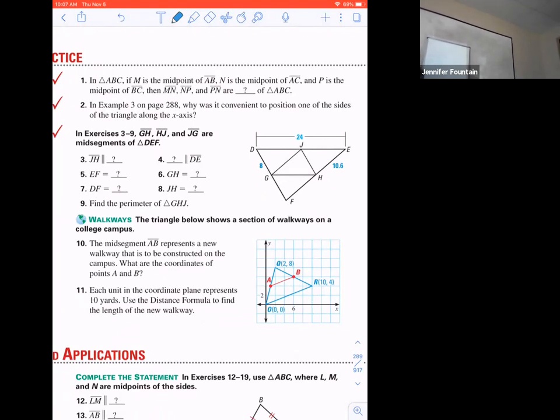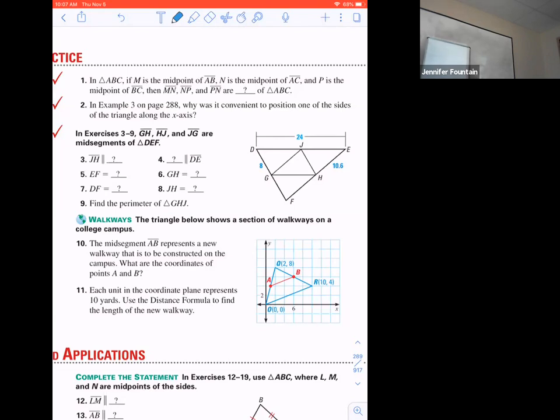JH is parallel to what side? DG. Okay, so JH is parallel to what? I want to go ahead and use my whole side, so DF. Okay, so JH is parallel to DF.